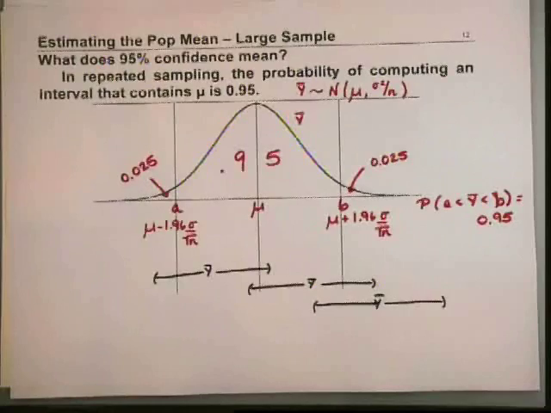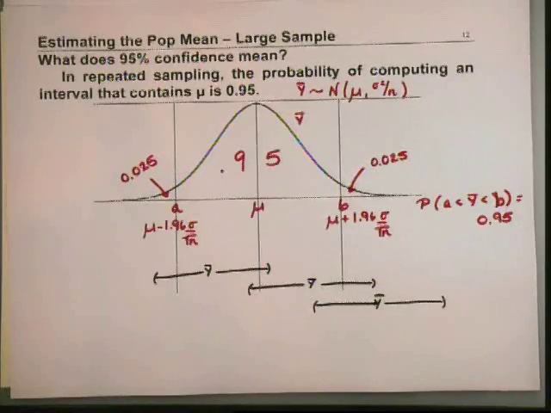In practice, what do you do? You conduct the experiment once. You either test the hypothesis or compute a confidence interval or both. But you do it once. One sample, one mean, one decision, one interval.